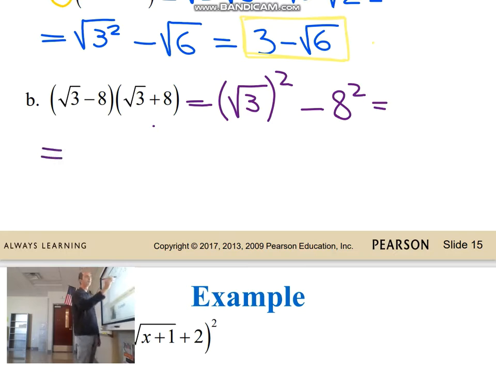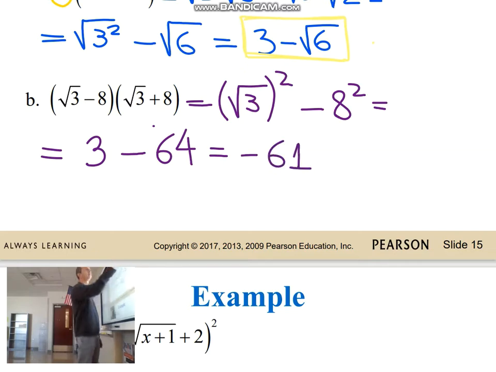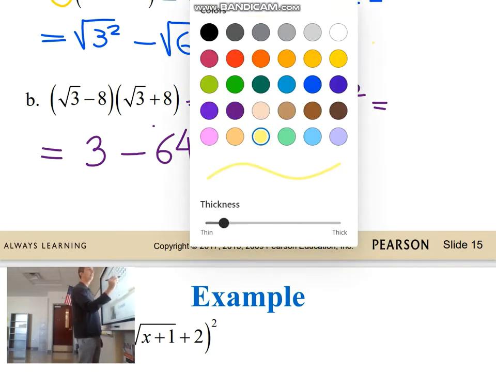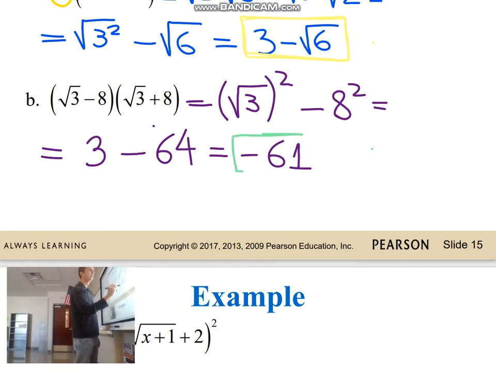And square root of 3 squared is equal to 3 minus 8 squared is 64, and the answer is going to be negative 61. That is the answer. Nice. Cool.